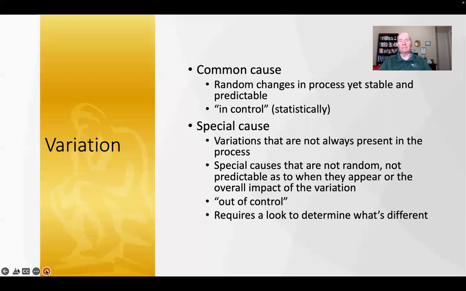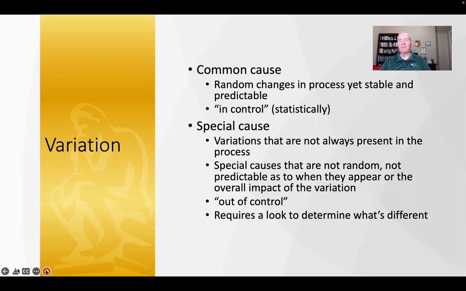Another aspect when you're doing the analysis is to think about common causes versus special causes. A common cause in a process is something that repeats each time you look at the process. A special cause may be a one-off, a situation that happens just once in a while.